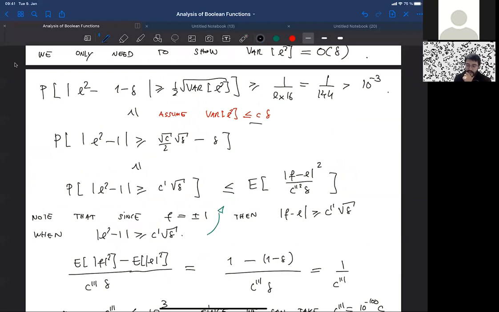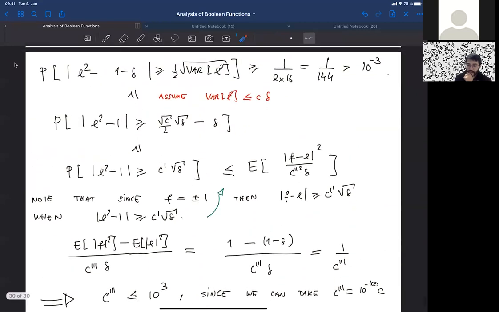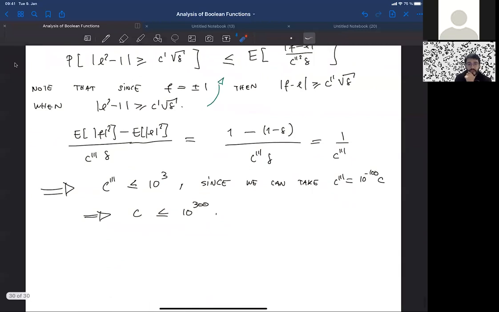However, I can take C to be anything and then redo the computation. So if I take C more than this bound, then this computation would give you a contradiction.